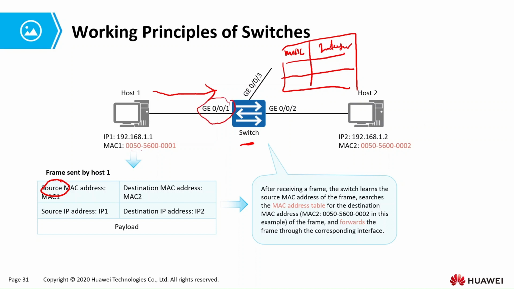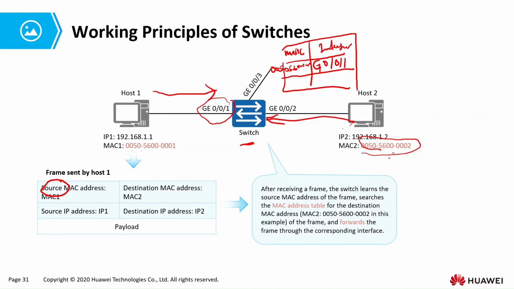So what happens? I will learn this MAC address, 005056000001, as coming from the G001 interface. The same thing happens when host 2 sends a packet to the switch. It also goes by the source MAC address, so I record it.